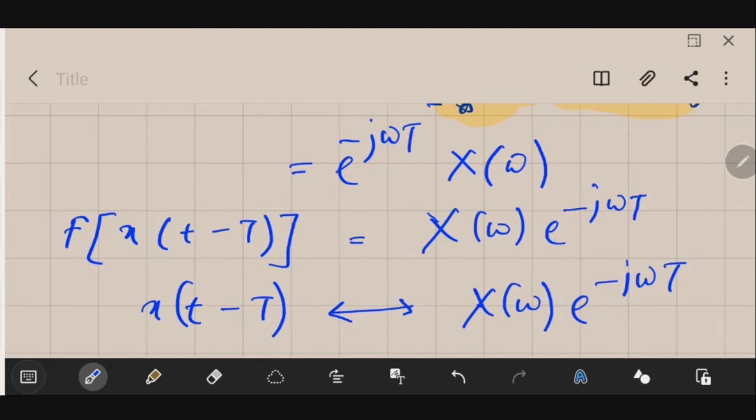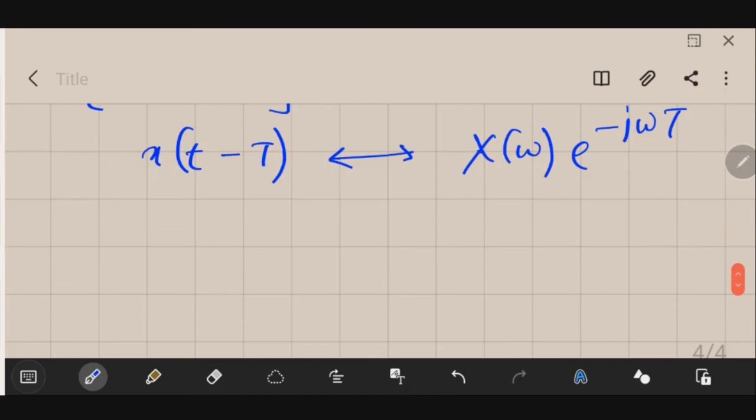Okay. So the next property is the frequency shifting property, and the frequency shifting property is just the dual of the time shifting property. That means it is just the opposite of it. Let us look at the statement first, and then we will go to the mathematical expression of this frequency shifting property.